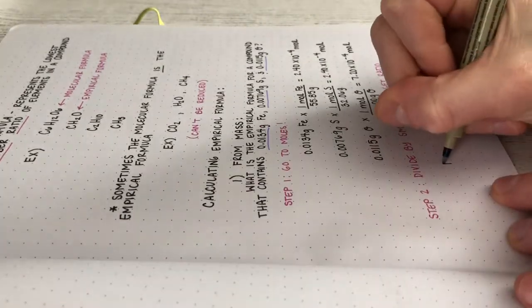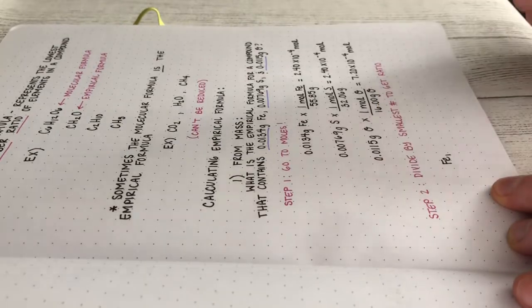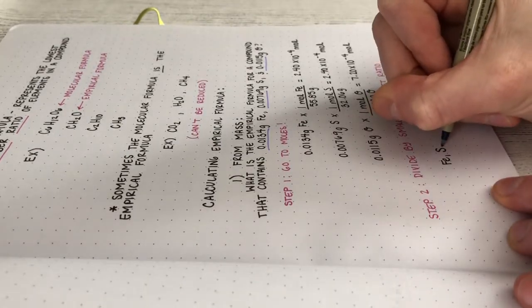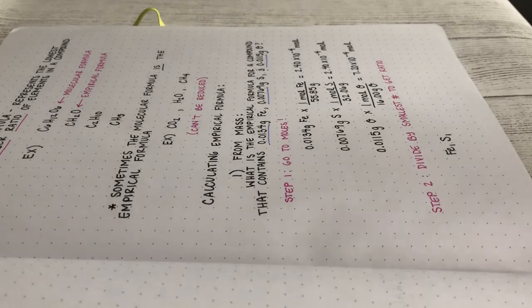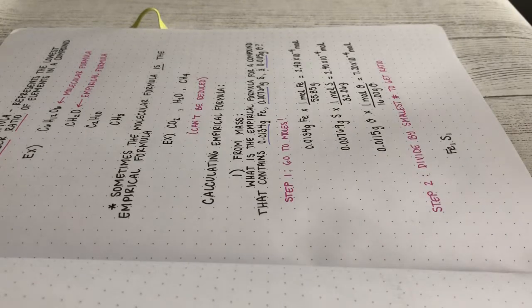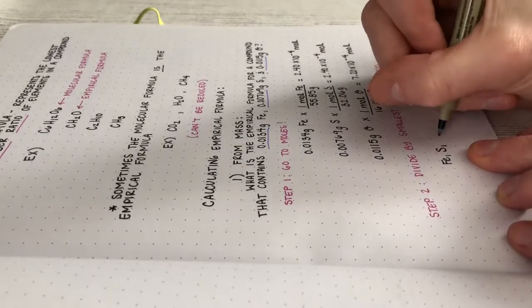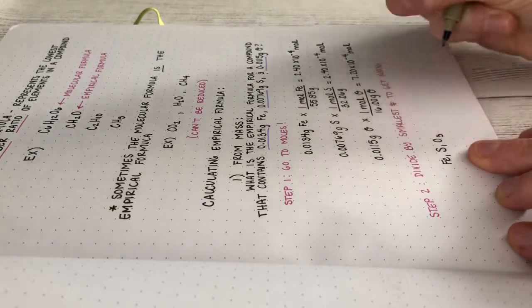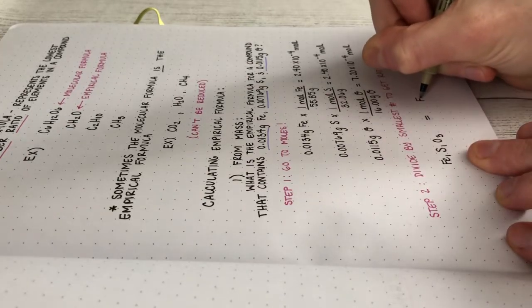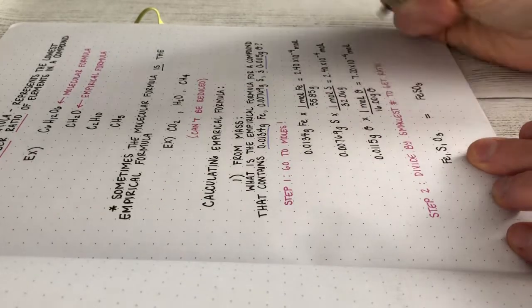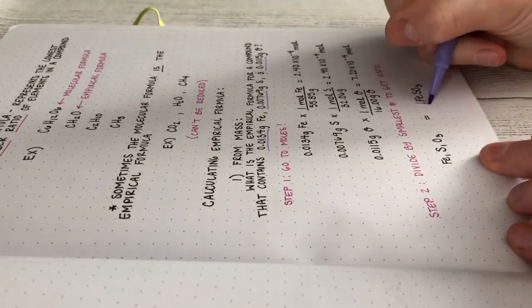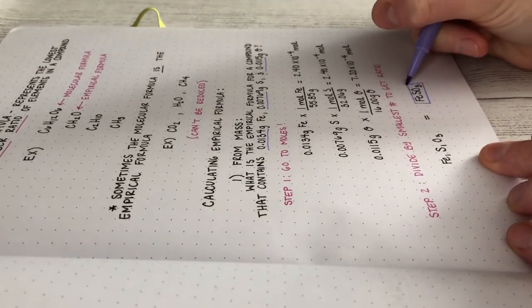So if I divide 2.40 times 10 to the negative fourth by 2.40 times 10 to the negative fourth, I'm just going to get 1. So both of those are going to be 1. But if I divide 7.20 times 10 to the negative fourth by 2.40 times 10 to the negative fourth, I get an answer that's pretty close to 3. And that means that my final answer is FeSO3.